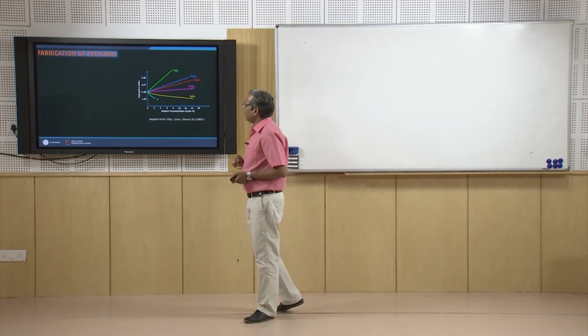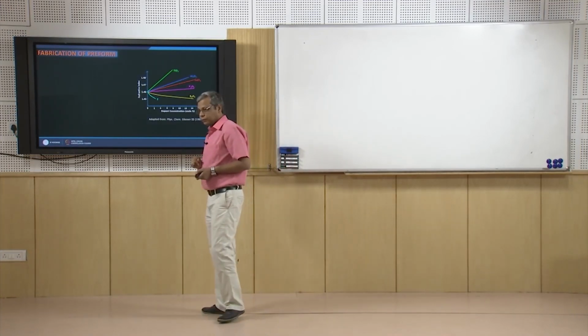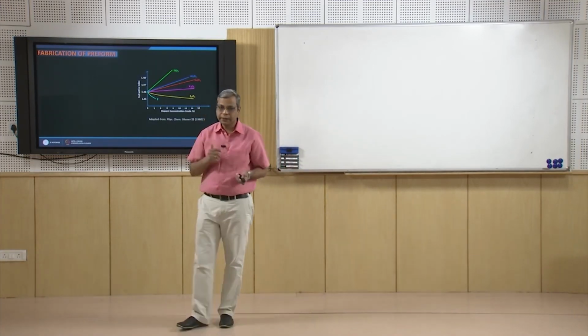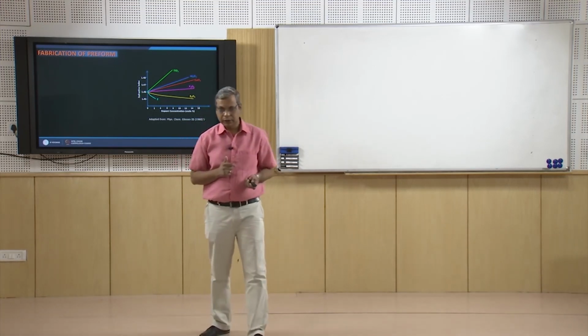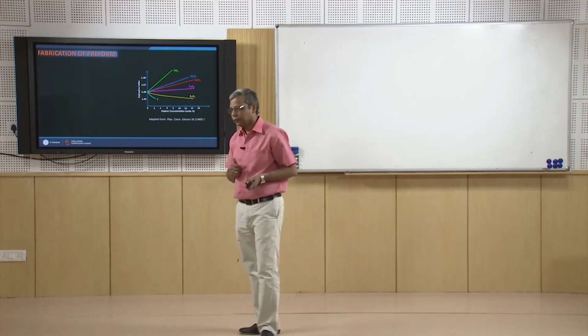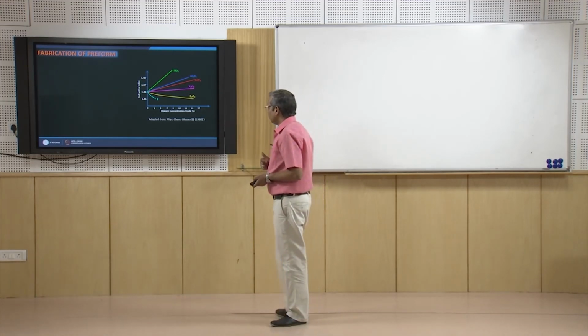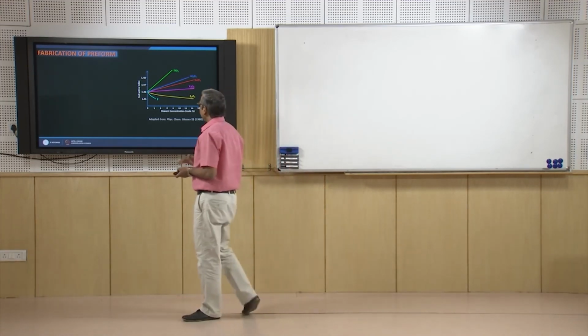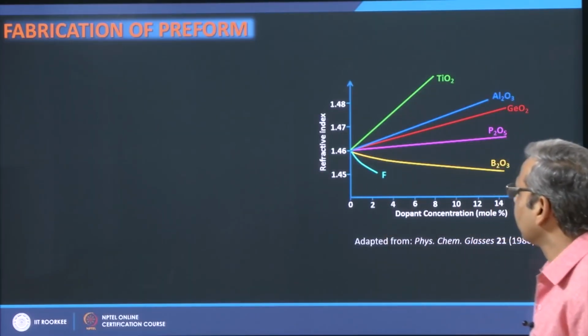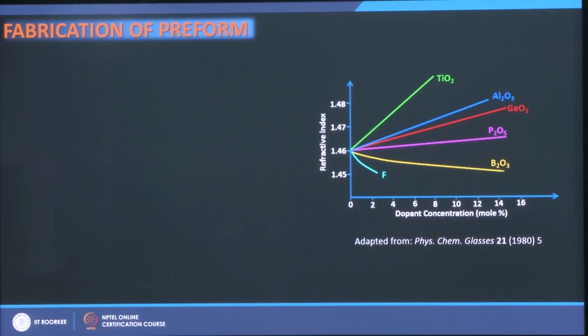Then you make germania, and this would be doped in silica glass. Similarly, you can use phosphorus, titanium and boron or fluorine. Okay. So these are some chemical reactions which are used while making glass and doped glass.